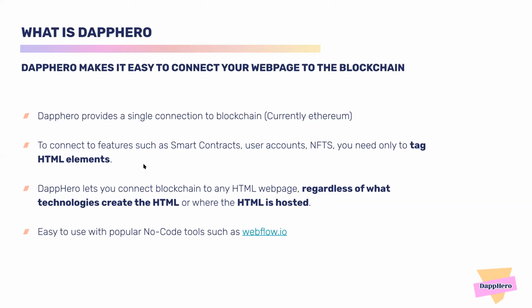So this will work great with static site generators, so you could use something like Hugo as a template engine, or Gatsby, or WordPress. You can even build blockchain-enabled sites with things like PHP, which I don't know how many people are still using PHP, but I certainly got started in web development on PHP, so it exists out there. What's really cool about this is that it's also compatible with no-code tools such as Webflow.